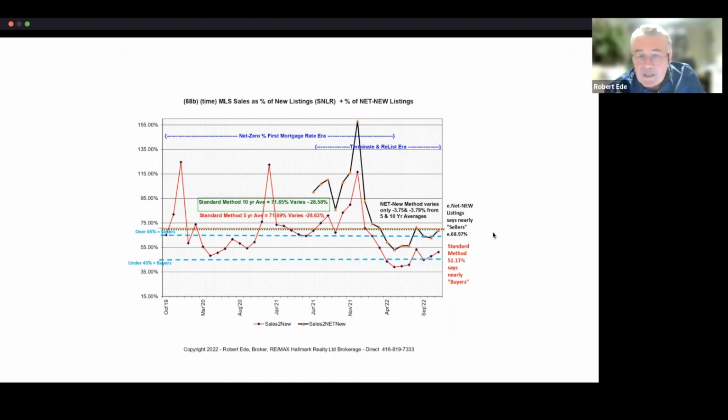So instead of it being a buyer's market, it's actually a seller's market, and the 10-year average has been 71%, so that's pretty darn close to 69%. That's the way it was all the way through the boom. So the only thing that's different is the number of sales is down, which we already knew, but the ratio of the sales to the number of listings, which at this time of year is when there are the fewest listings, is consistent with a seller's market.